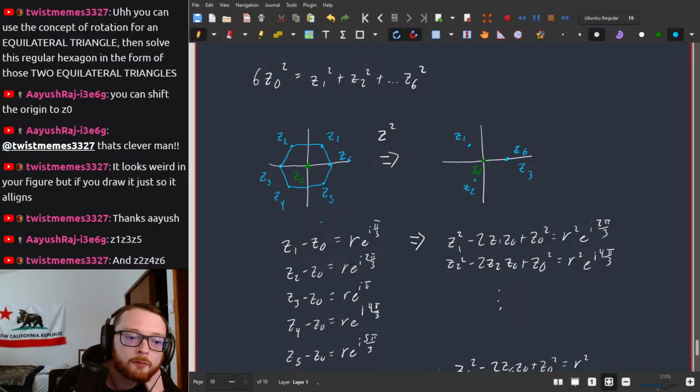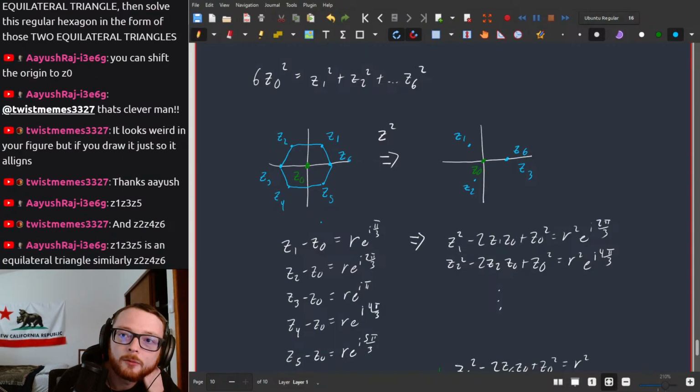z4 is 4 pi over 3, which becomes 8 pi over 3. Eight pi over 3 is 2 pi over 3, which we said was z1.